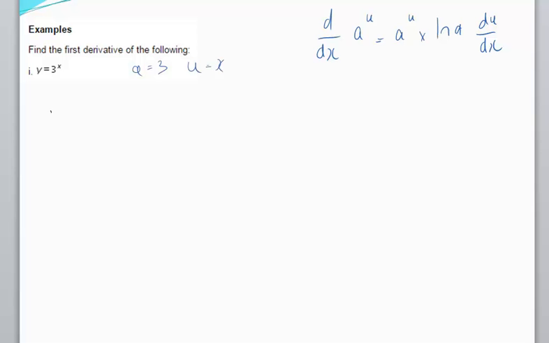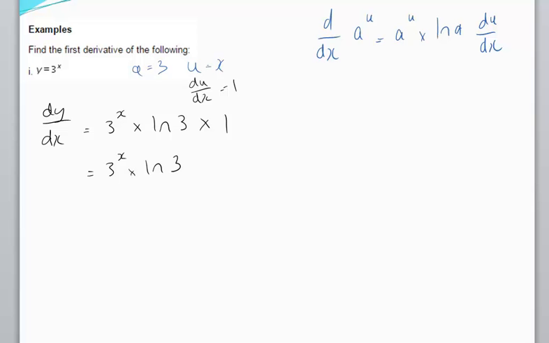So if we go here, we've got dy on dx here is a to the power of u, so 3 to the power of x multiplied by our natural logarithm of 3 multiplied by du on dx. So u is equal to x, du on dx here is equal to 1. So here we get 3 to the power of x multiplied by natural logarithm of 3.